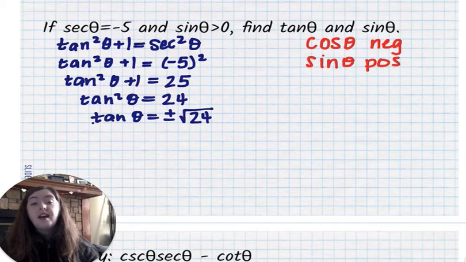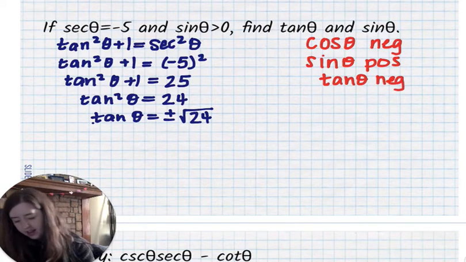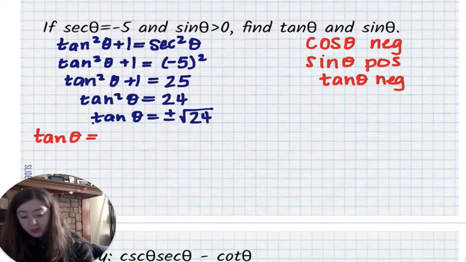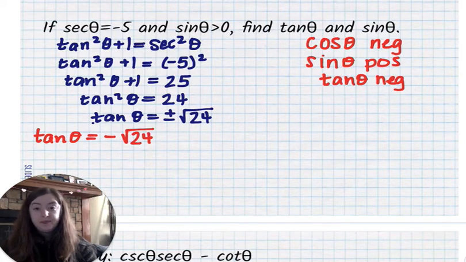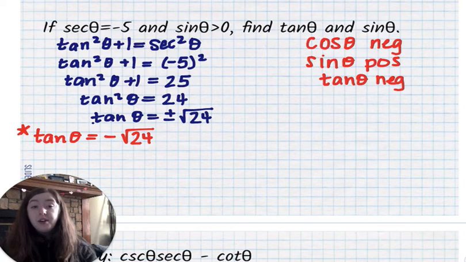Tangent is sine divided by cosine, so a positive divided by a negative means that tangent is negative. So that means that tangent of theta is going to be equal to negative square root of 24. So there's one answer.